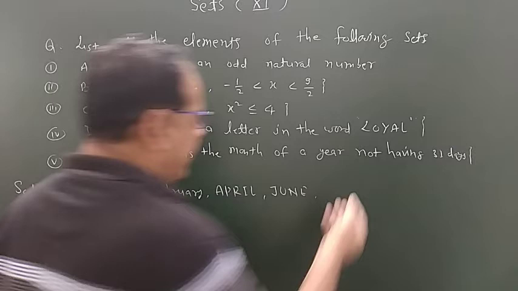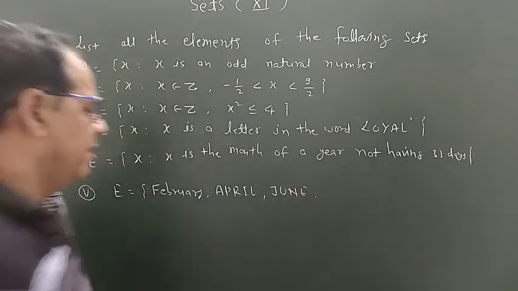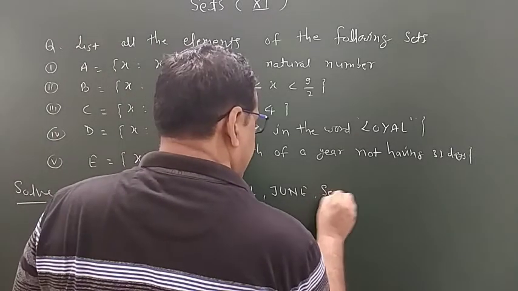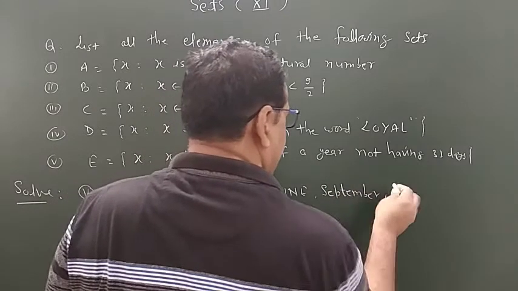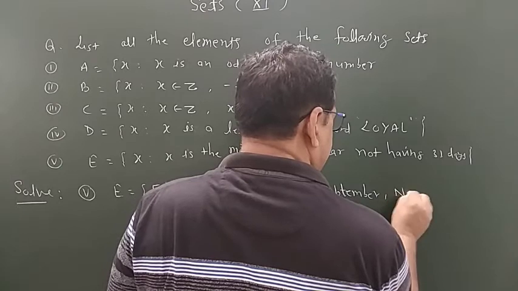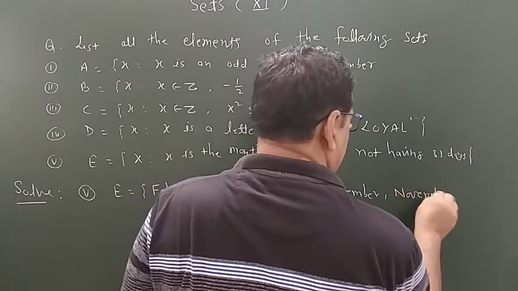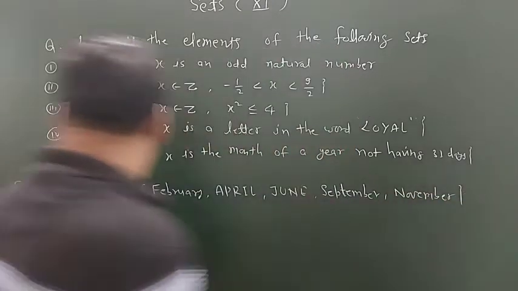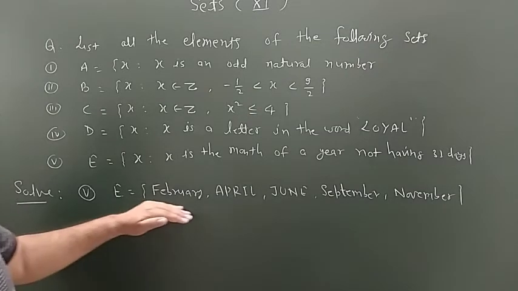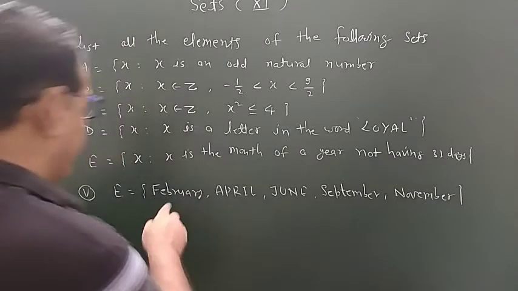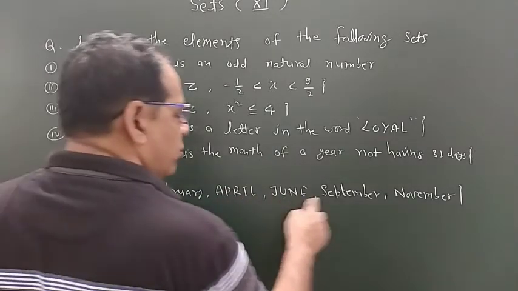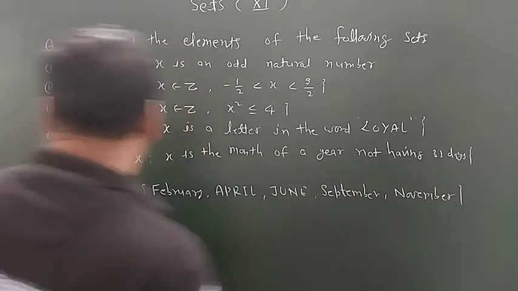July and August both are having 31 days. September, November. So this is the collection of the months which are not having 31 days: February, April, June, September and November.